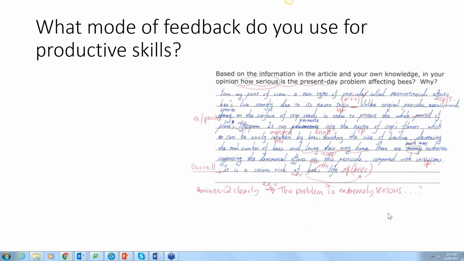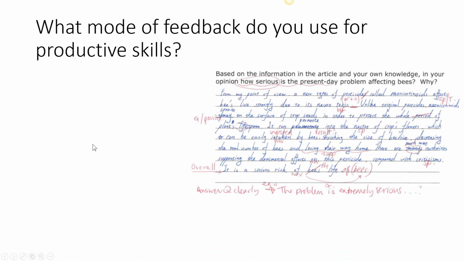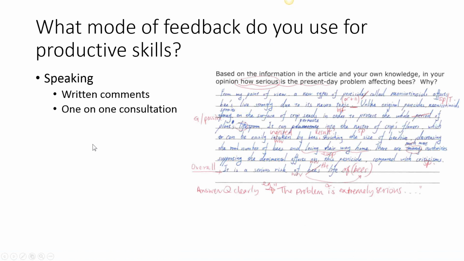So if we think about feedback, and what mode of feedback we normally use for writing and speaking skills, the main ones that teachers came up with in the PD session were, for speaking, quite often just written comments or a one-on-one consultation.